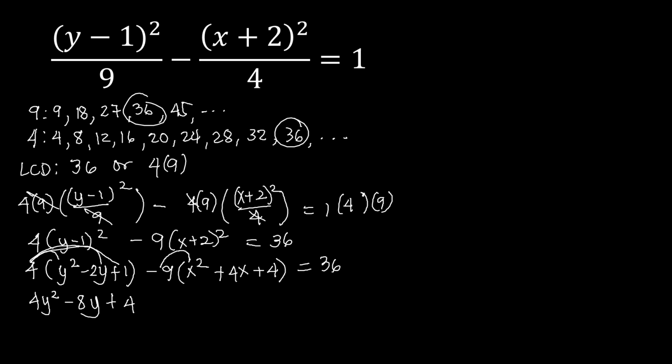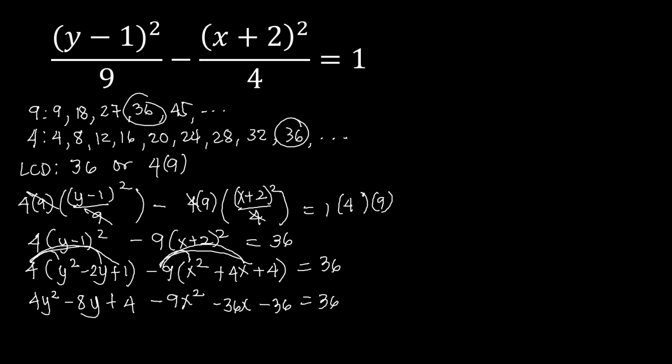So we have negative 9 times x squared, that is negative 9x squared. Negative 9 times 4x, that will be negative 36x. And then we have negative 9 times 4, that will be negative 36. And that's equal to 36.